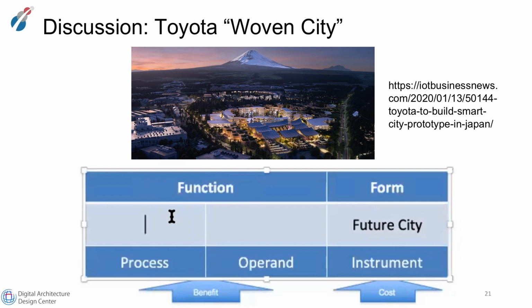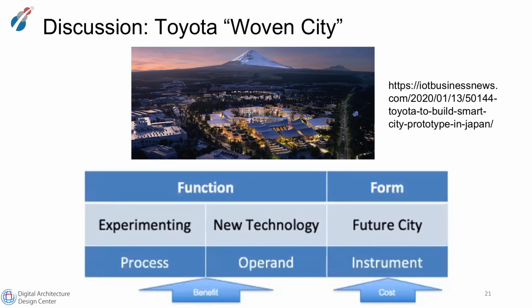The process, I would say, from my reading of the article, is experimenting, meaning learning from, and the operand would be new technologies. Maybe that's too general. Well, Minami-san also wrote that the process is focused on building a brand new technology, but with citizens.